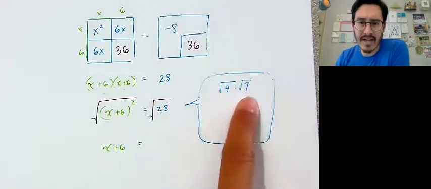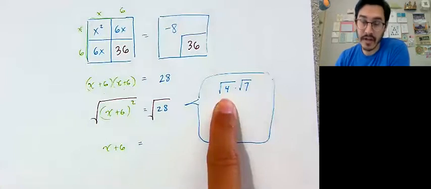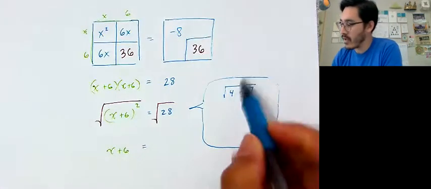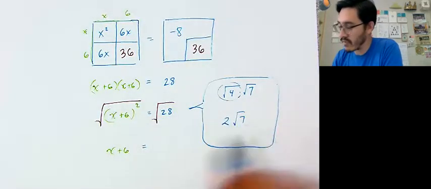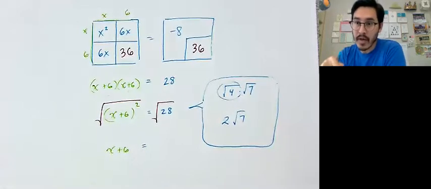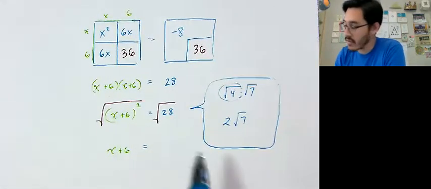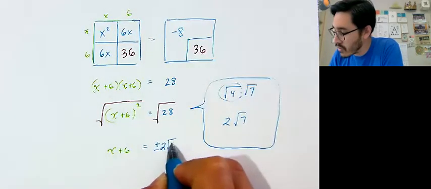Now, why would I factor it like this? Well, because 4 is a perfect square, then I can get an integer out of that. So the square root of 4 is 2, and 7 is a prime number, and so we'll just leave it as a radical. So remember, radicals come in pairs, positives and negatives. So we're going to have plus or minus 2 root 7.